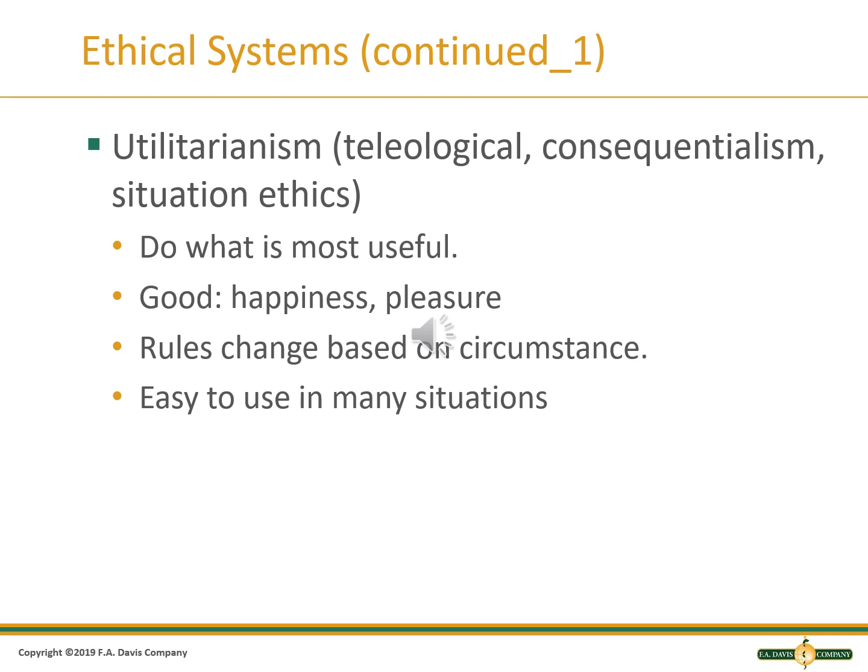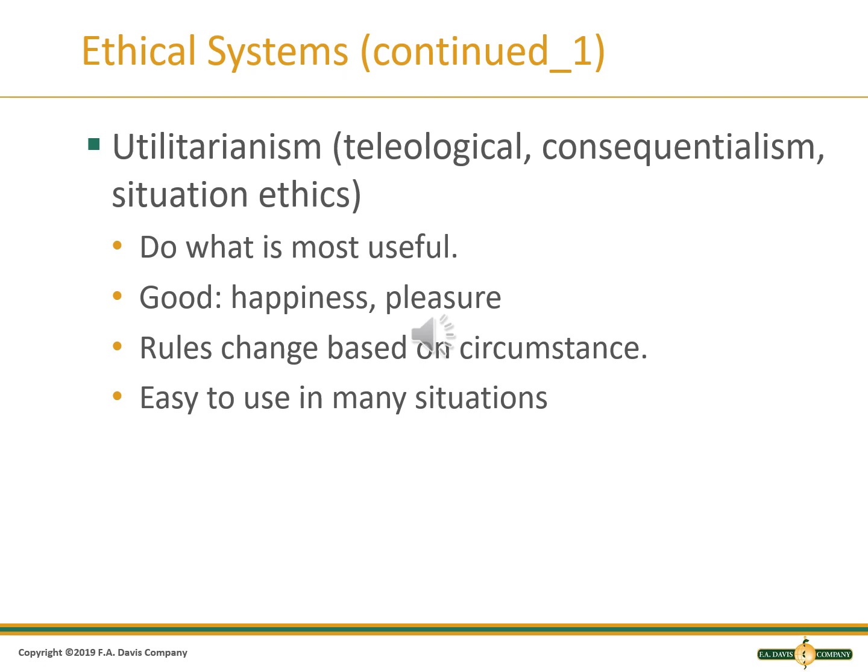Utilitarianism is when you look at what the consequences will be if you do something, and you do the thing that will produce the most good. So, for example, your book uses the example of a young woman on welfare who gets pregnant unintentionally for the fifth time.